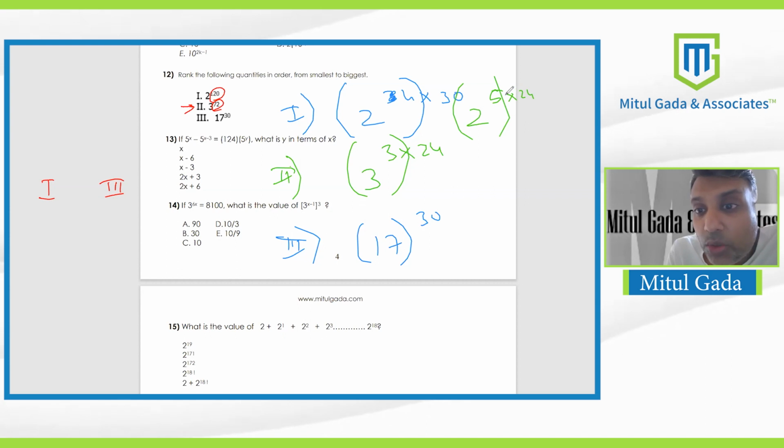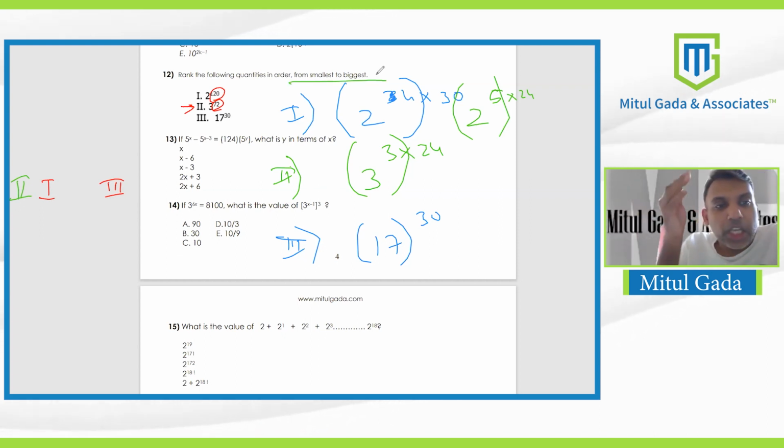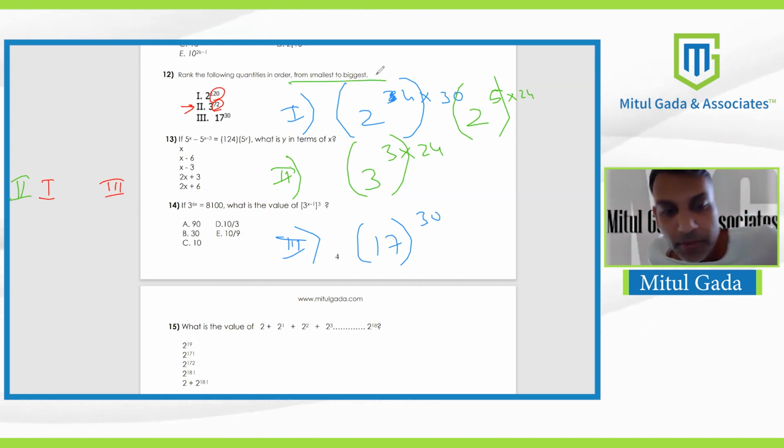Getting it? 32 raised to 24, and this is 27 raised to 24. So between 1 and 2, 1 is bigger and 2 is smaller. So can I say 2 will be here? From smallest to biggest, you will get 2, 1, 3.